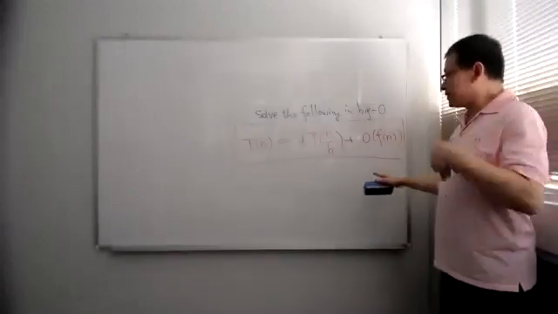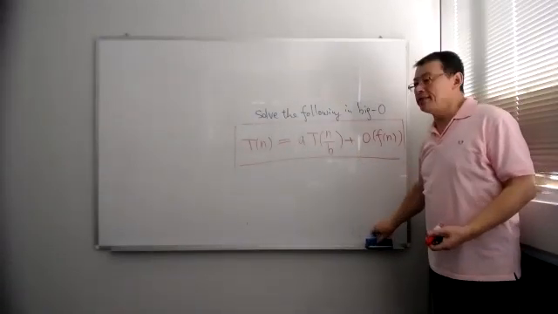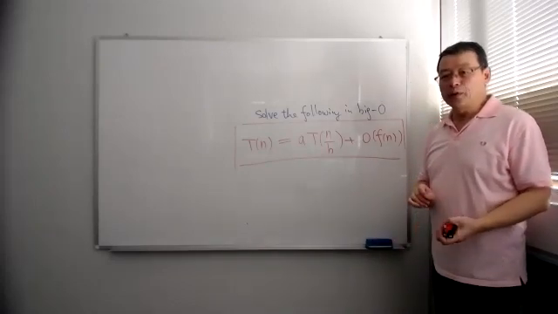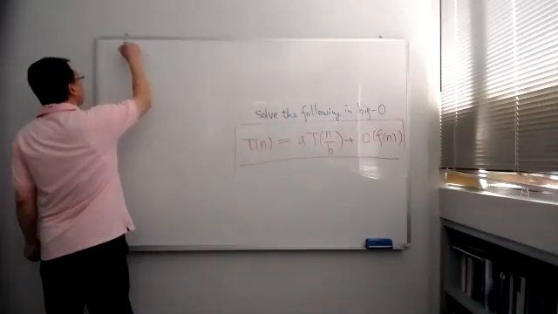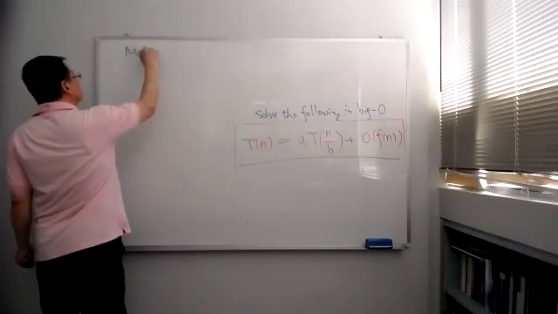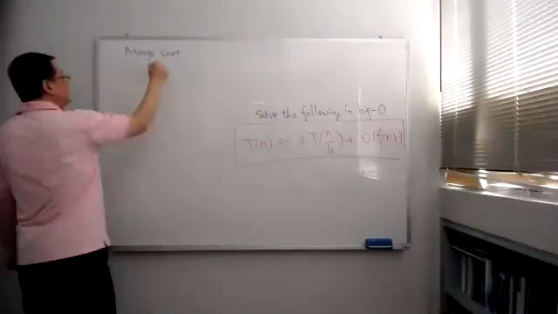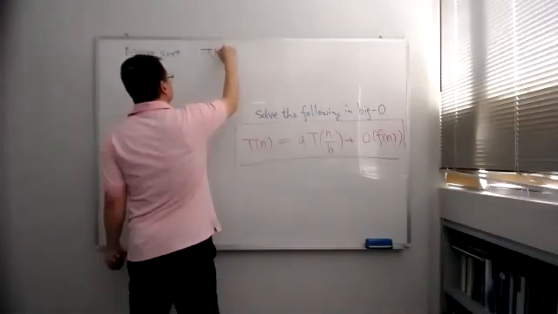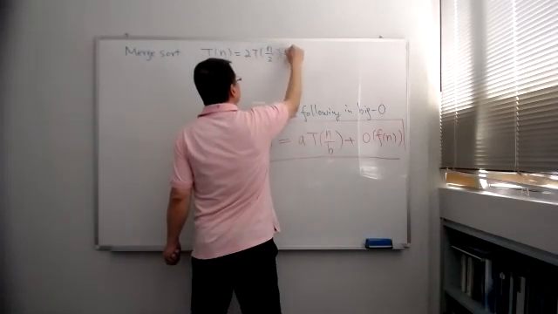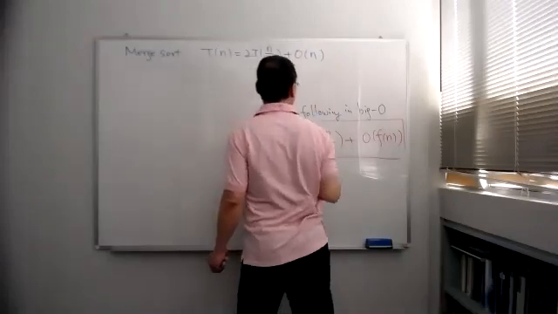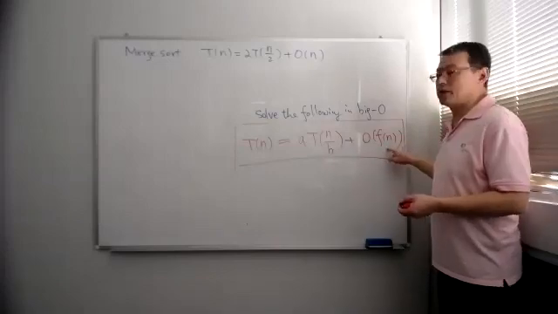Before we discuss how to solve this one, let me give you a few examples, very important examples in algorithms. For computer science, it's very important. For merge sort, a sorting algorithm, we have T(n) equal to 2T(n/2) plus linear. This linear part is the time for doing everything when we combine solutions.